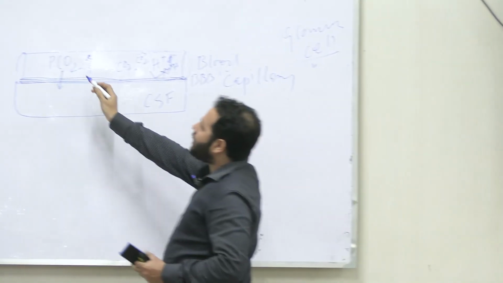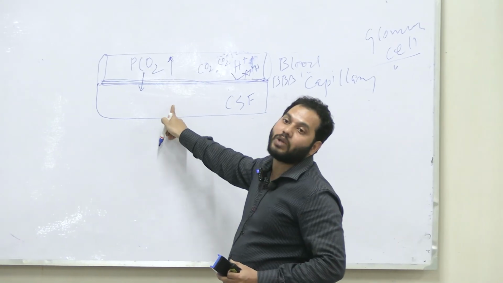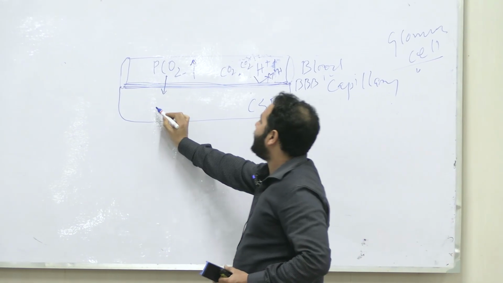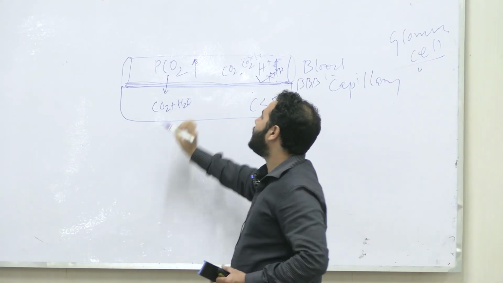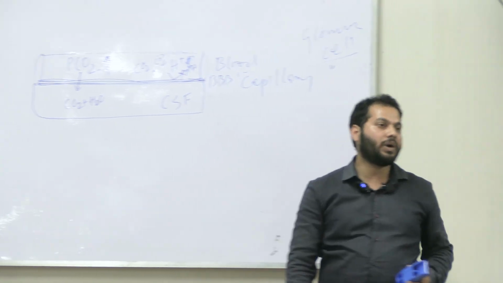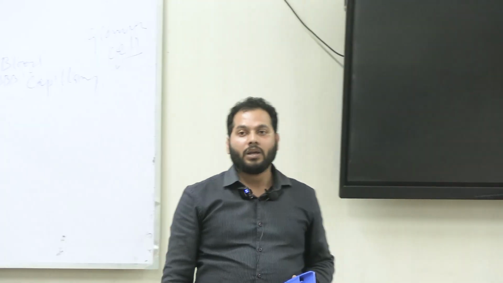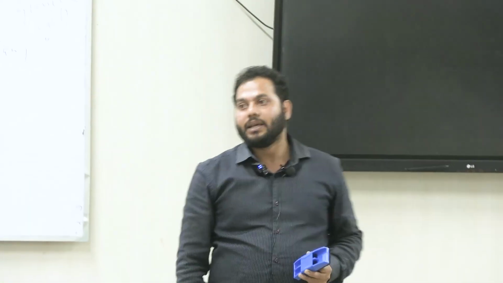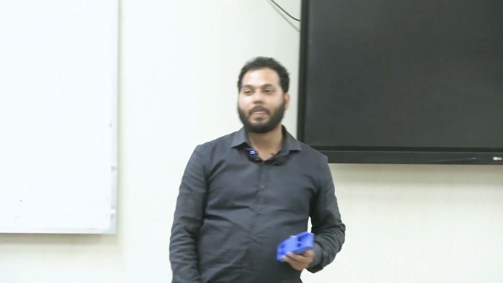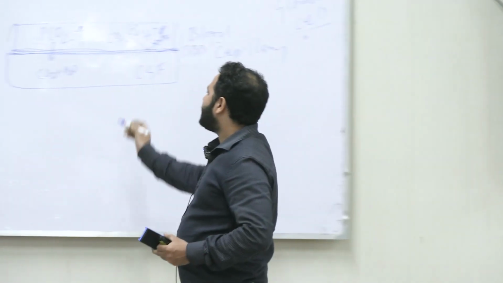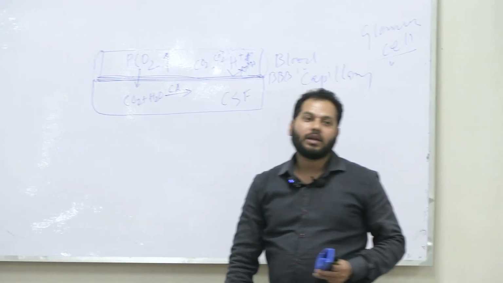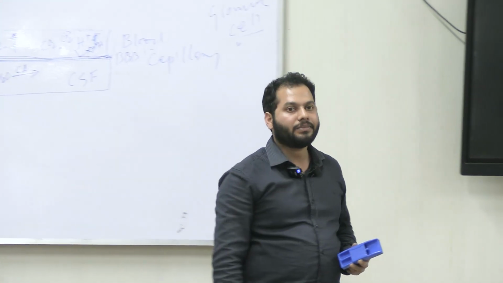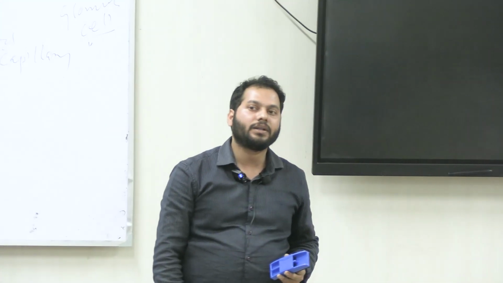Once the carbon dioxide molecule enters the CSF, it reacts with the water molecule present in the CSF, right? Here in the CSF, there is an important enzyme that catalyzes the reaction. The name of the enzyme is carbonic anhydrase, right?